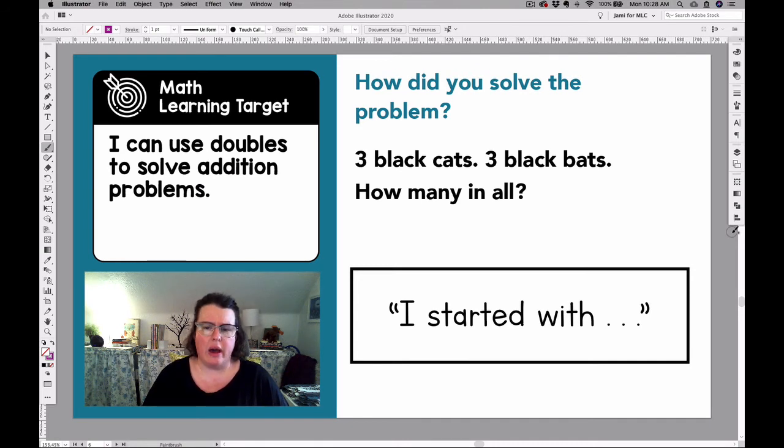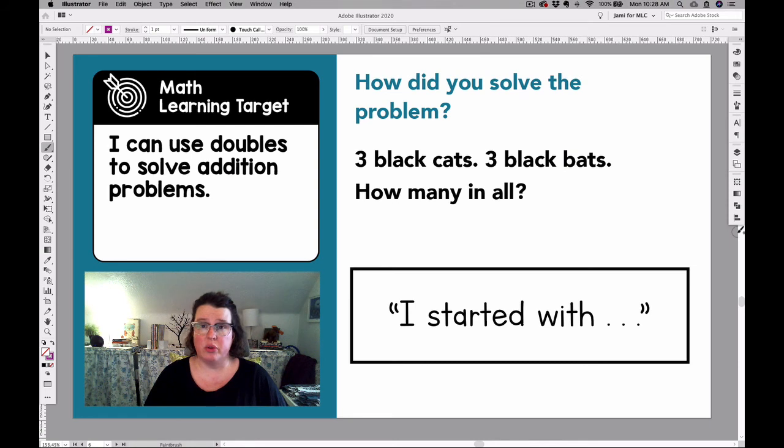When we think about how, I want you to think, I started with. What did you start with? What was the first thing that you did when you solved this problem? I started with. Take a minute, pause the video. If you're sitting next to a grown-up, use the sentence frame and tell the grown-up how you started the problem.